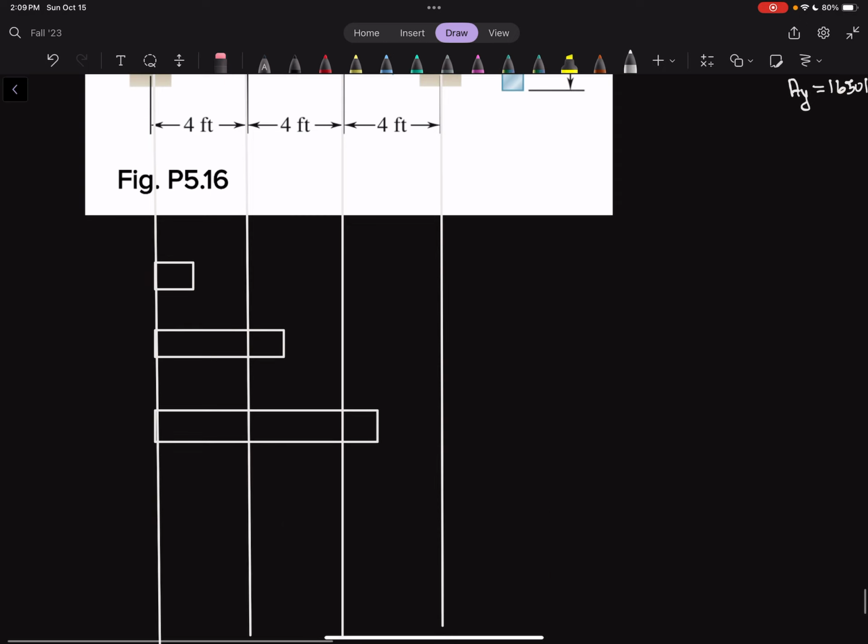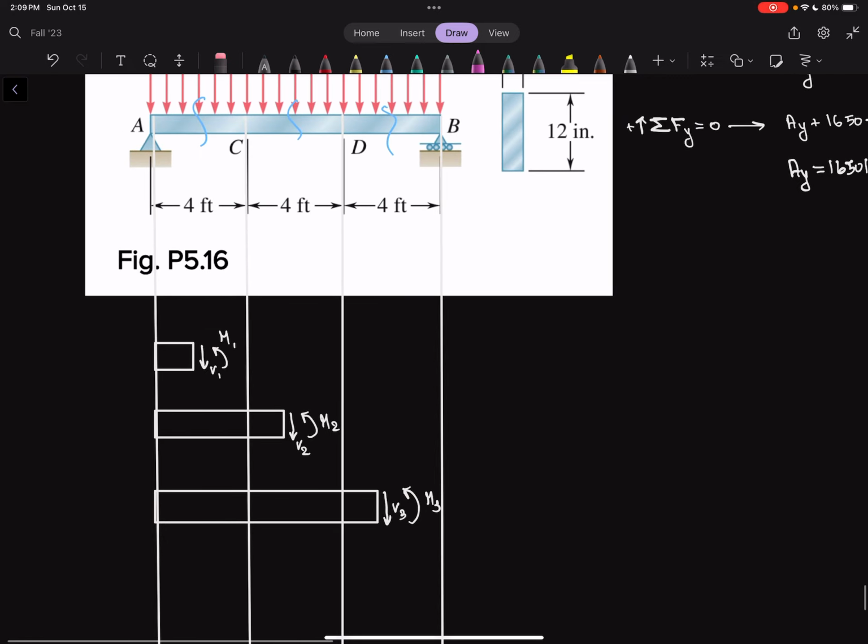And so here we're gonna have the shear V1, M1, V2, M2, V3, M3. We're going to have the reaction force, which is 1650.